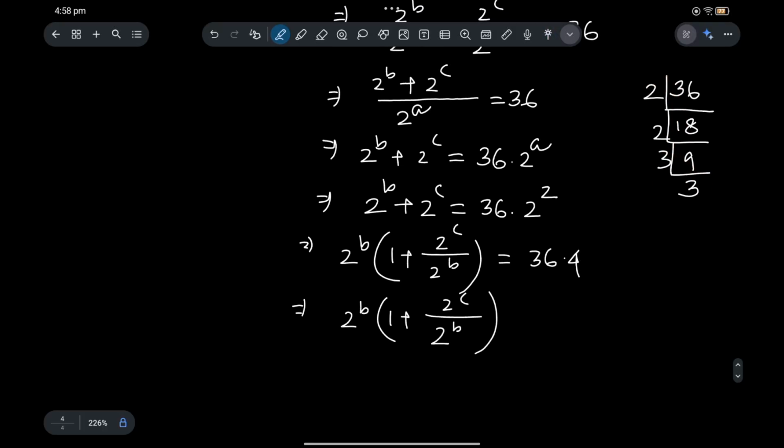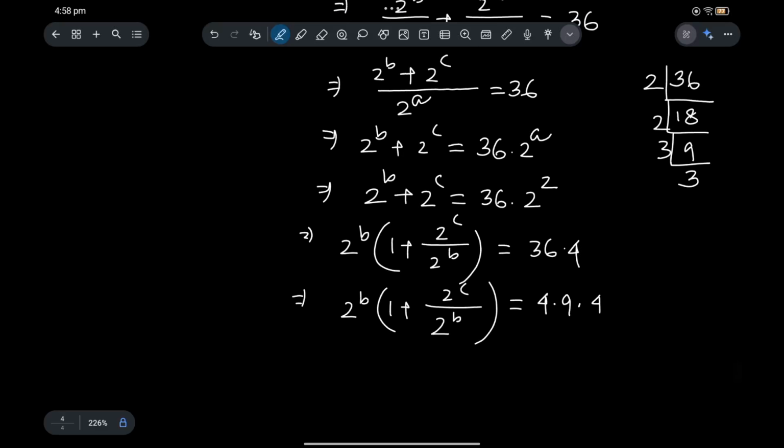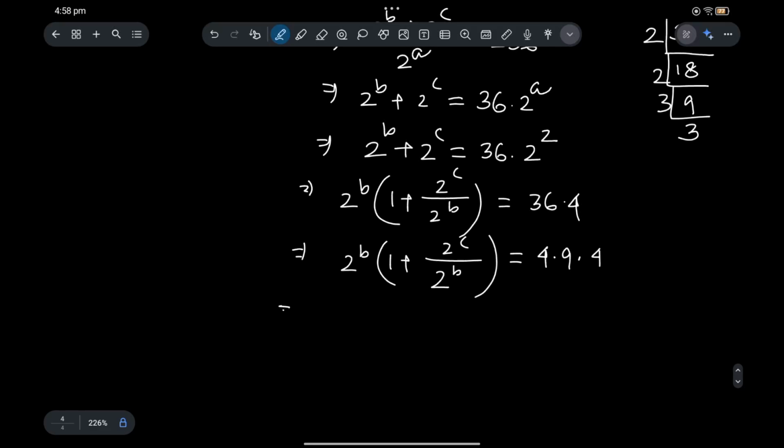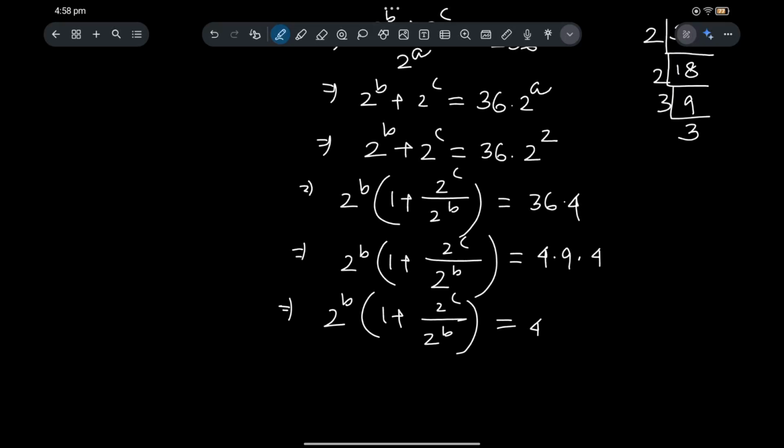Why 4 into 9? We again construct this as even and odd, so instead of 36 we write 4 into 9 and into 4. Therefore 2 to the power b into 1 plus 2 to the power c by 2 to the power b equals 4 square into 9.